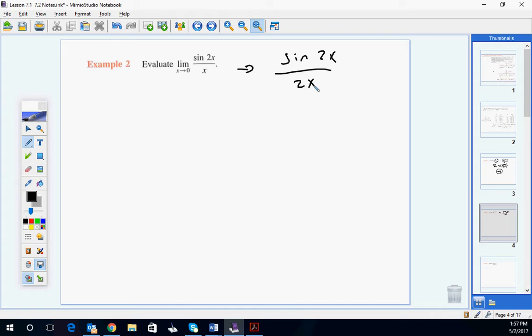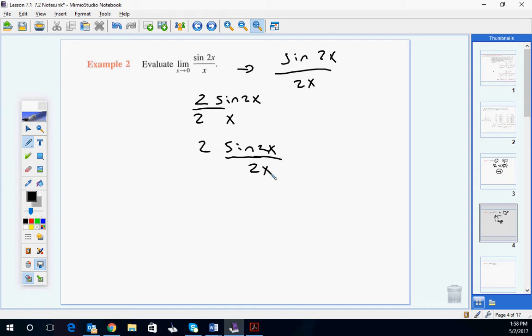We can't just do it to the bottom, though. We have to do it to the top as well. So we have to go 2 over 2, because you can't just change the bottom. Now we can slide this in. Because if you're timesing it by a half, you're changing the value of that number.